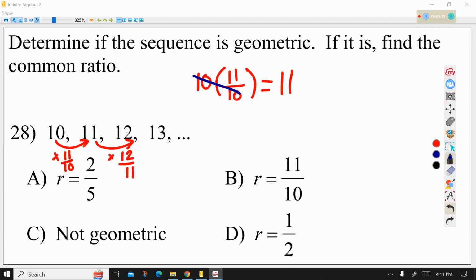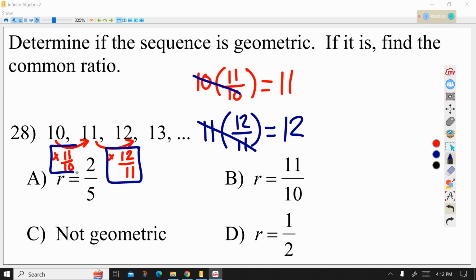Same way, if I have 11 times 12 over 11, then the 11s will cancel out, and all that's left is 12. So since these two numbers are not the same number, this is not a geometric sequence. So we can go ahead and choose not geometric to finish this problem.